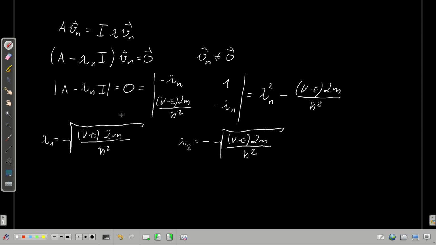Now, we have now calculated the two eigenvalues of this eigenvalue problem.